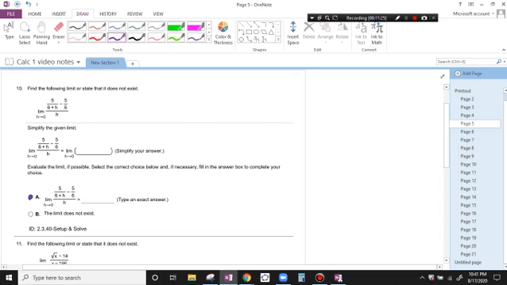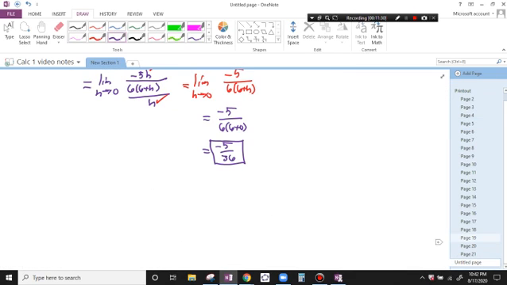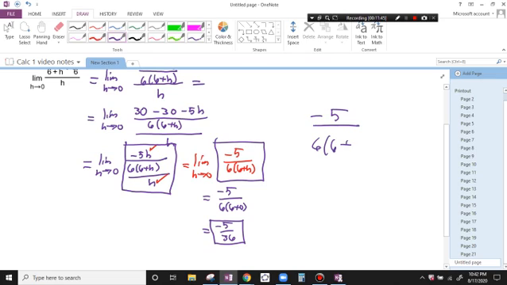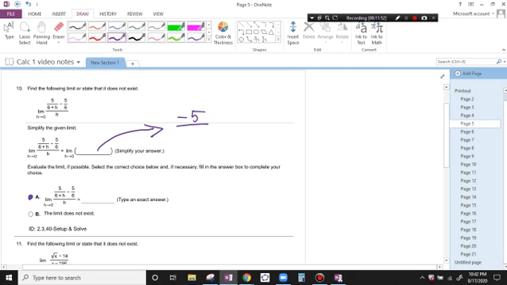So the answer they want here, if we go back, is probably going to be something involving this. Negative 5 over 6 times 6 plus h, canceling out the h's. And then plugging in h equals 0, negative 5 over 6 times 6.